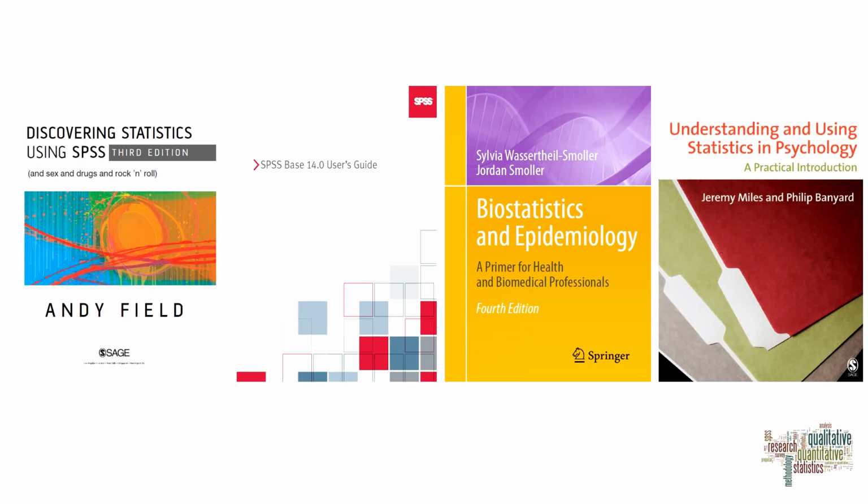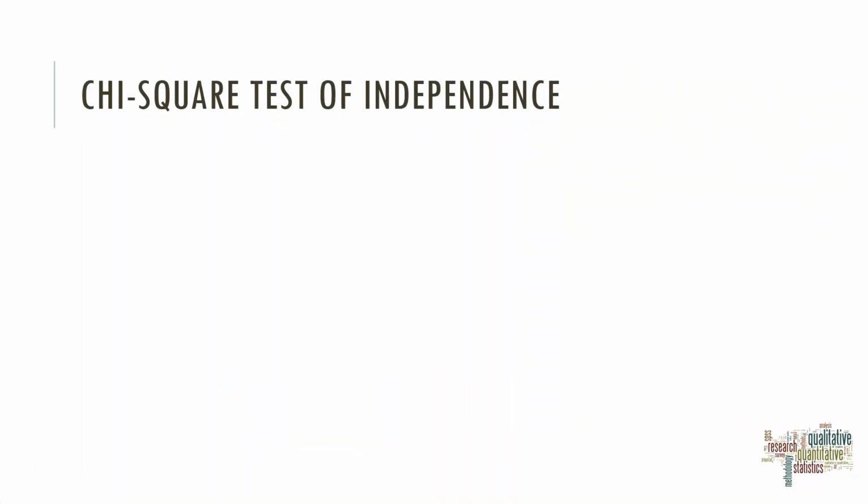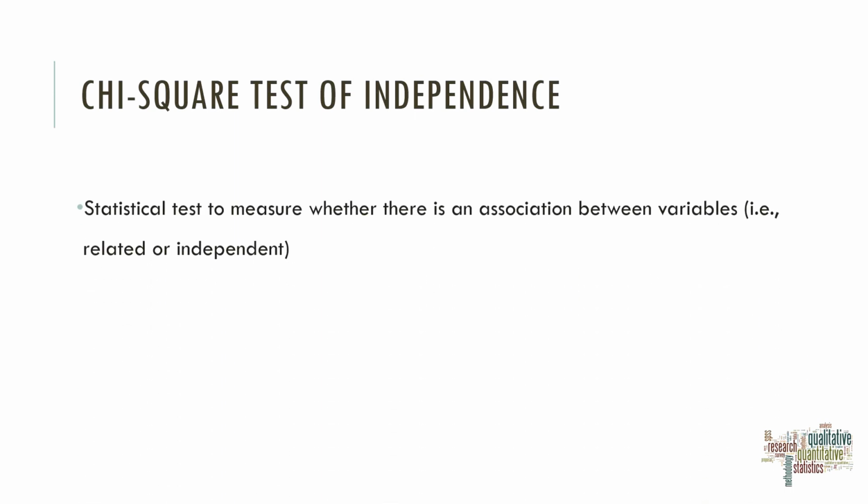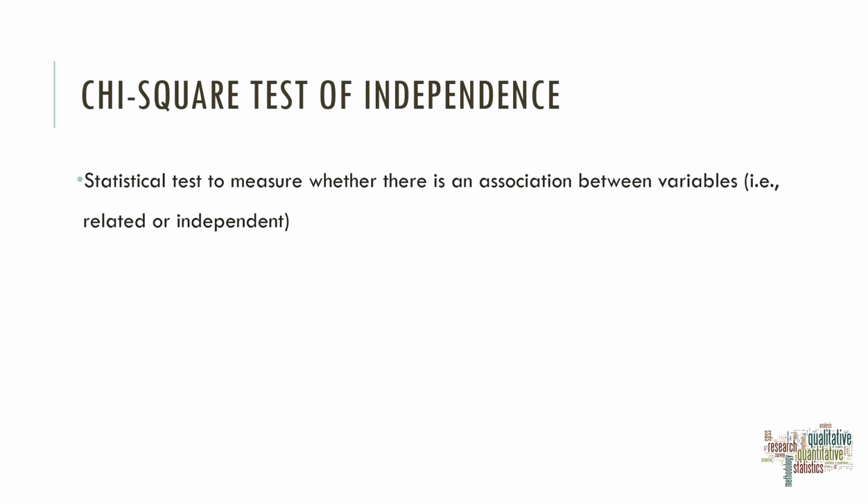So now let's look at the Chi-Square test. The Chi-Square test is a statistical test to measure whether there is an association between variables, but these variables must be related or independent. Another issue with this test is that the variables must be categorical.